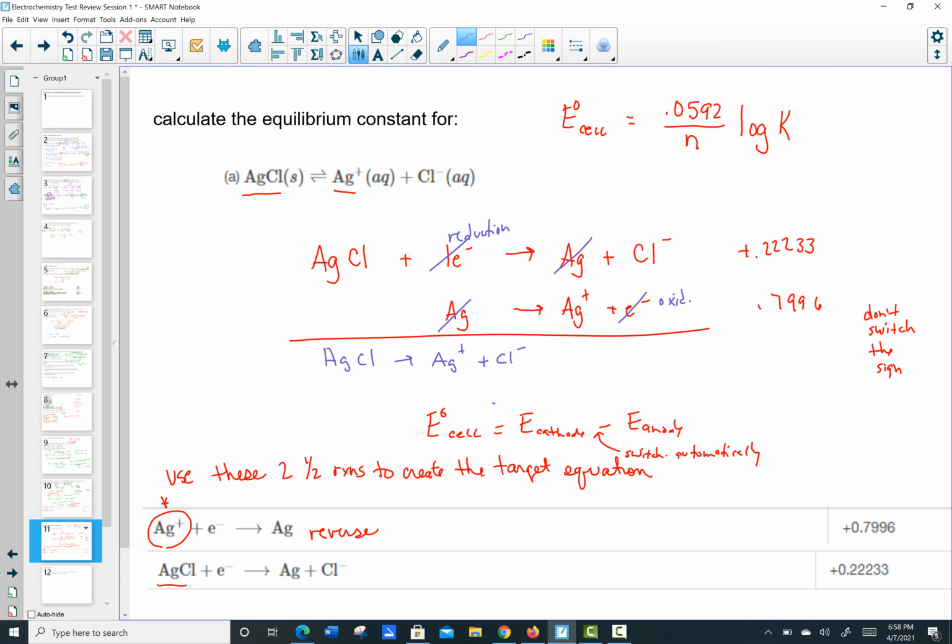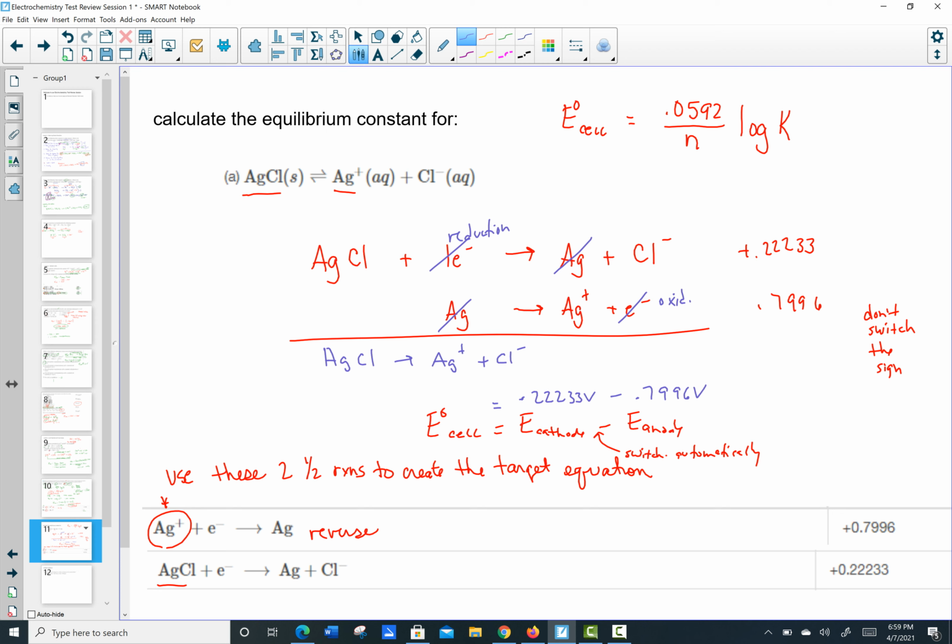So E cell in this equation, with reduction being 0.22233 volts, and the anode for oxidation being 0.7996 volts. When I subtract those two, I actually get a negative voltage, don't we?